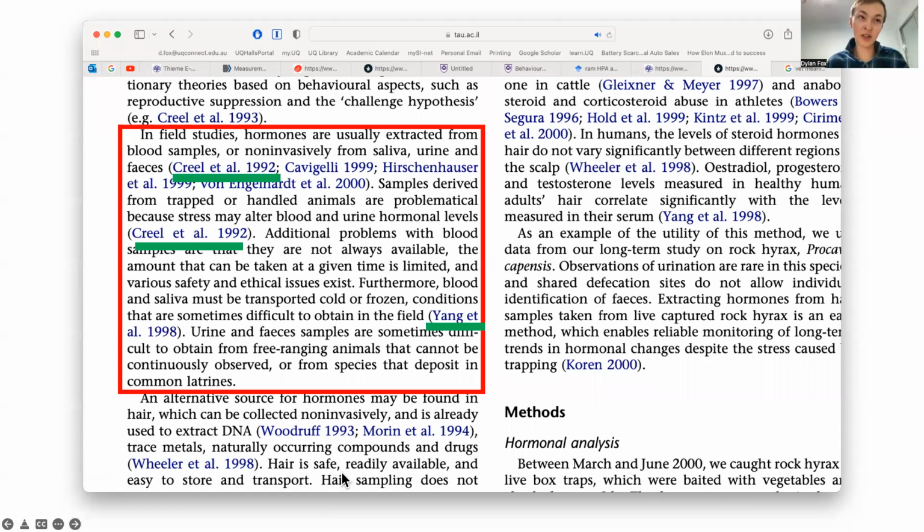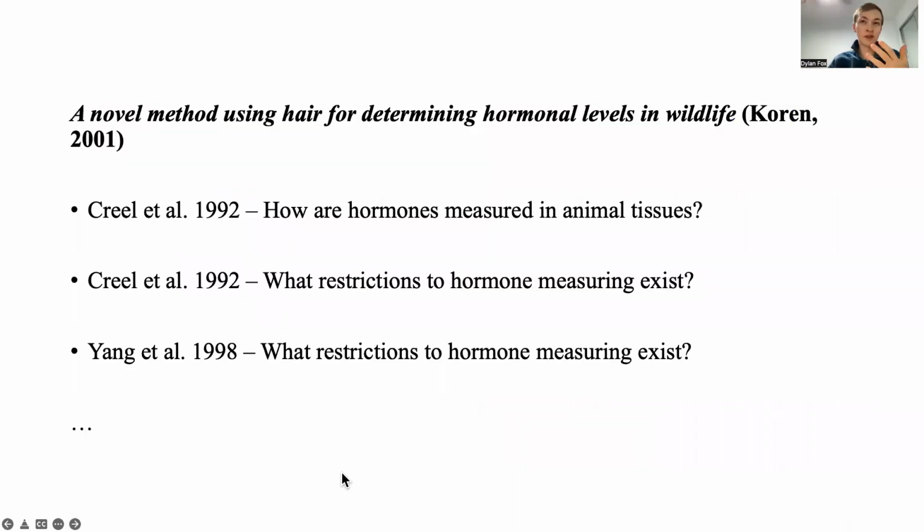So I'm asking questions of the literature, and the answers are manifesting themselves, because that's what scientists do. They provide the results.